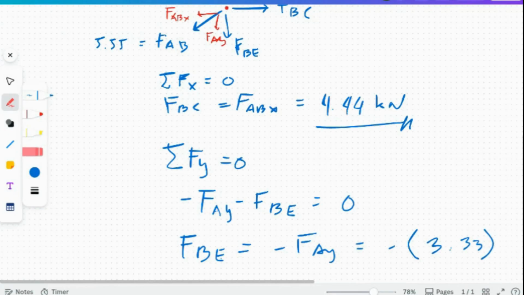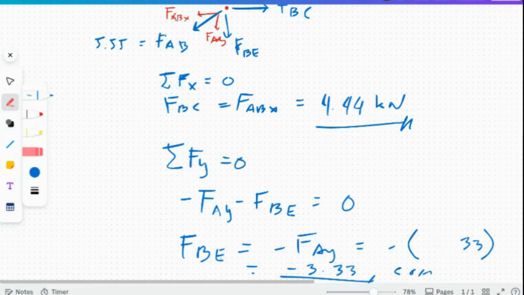Now the problem here is that it's a negative. So that means this is a compression. Oops, we had the wrong assumption.